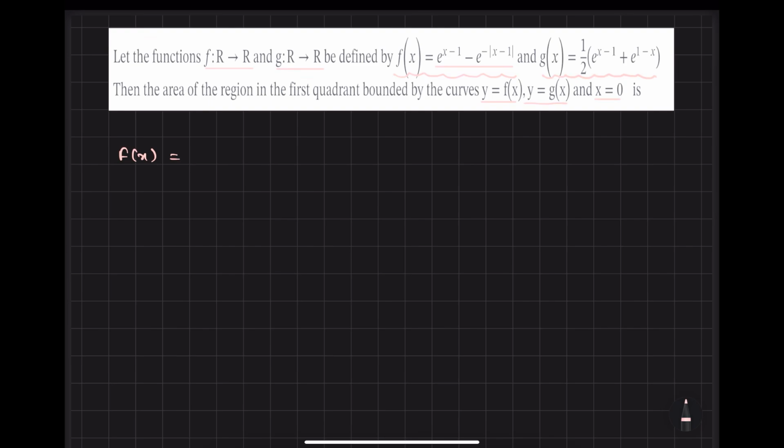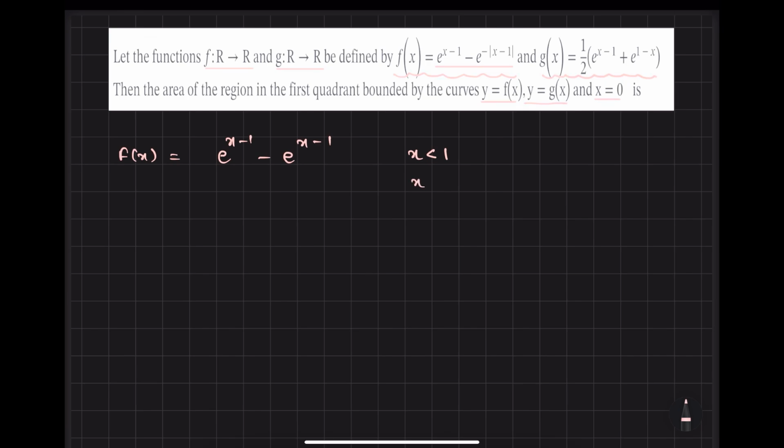So first, let's try to write down the point. X is smaller than 1. So if x is smaller than 1, it will open with negative sign, and negative will become positive. Correct? So we will be left with e power x minus 1 minus e power x minus 1. Correct or wrong? Correct. It will open with minus sign, and minus is already there, so it will become plus.